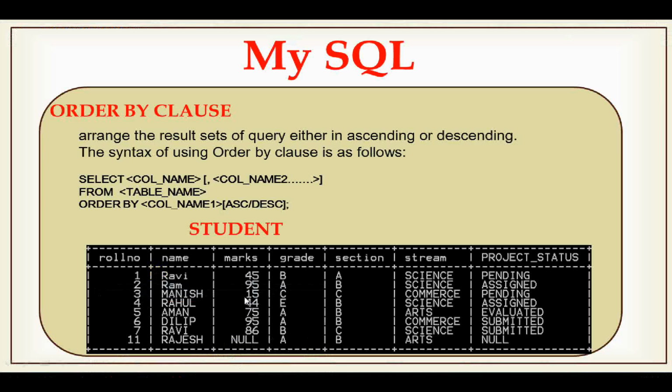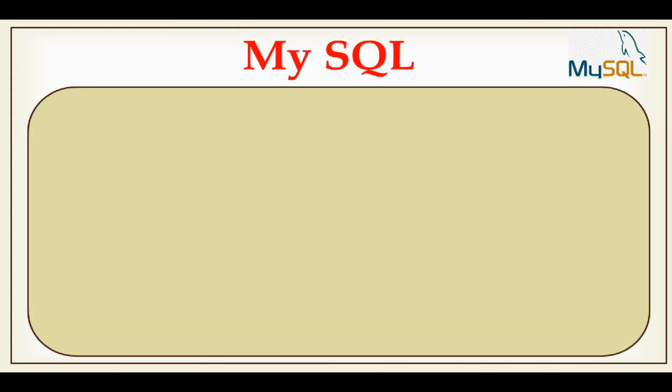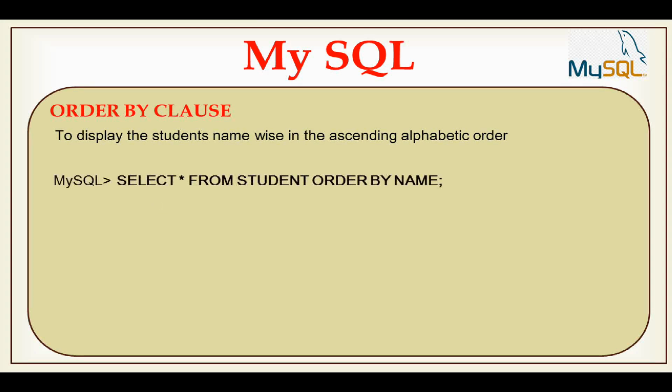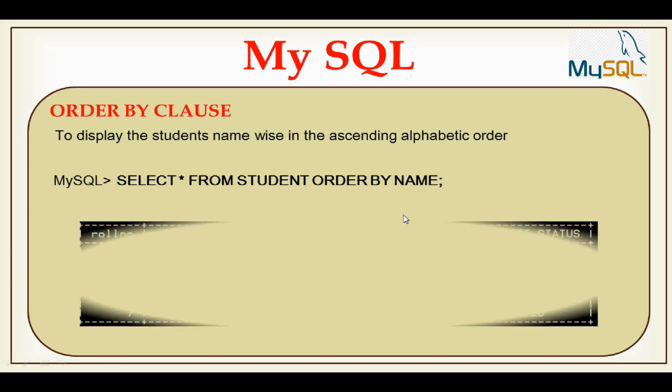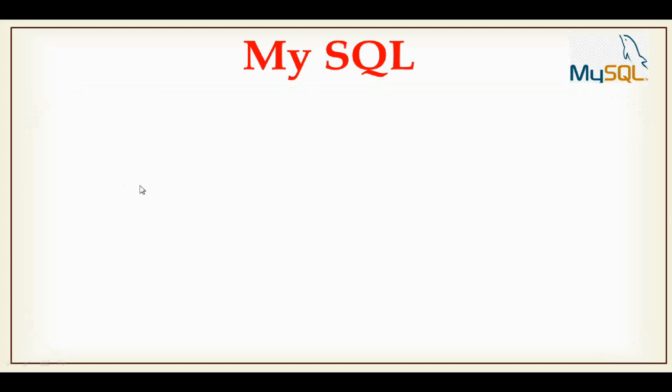If I want to arrange these records name-wise in ascending alphabetical order, I can write a query this way: select star from students order by name, and I will get this output.